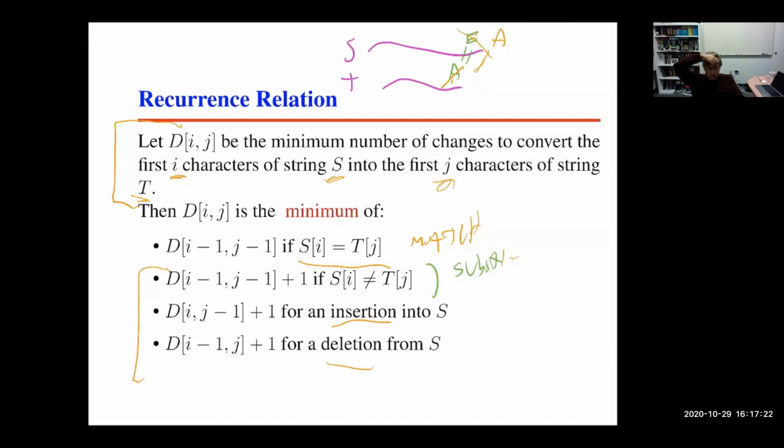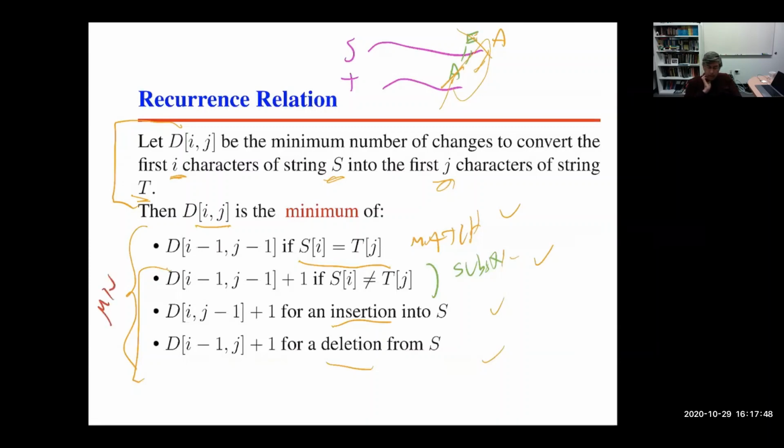My claim is that d_ij is going to be the minimum. In the best possible alignment, something's going to have to happen at the end. It's either going to end on a match, a substitution, an insertion, or a deletion. I claim that what I want is the min over four possibilities.